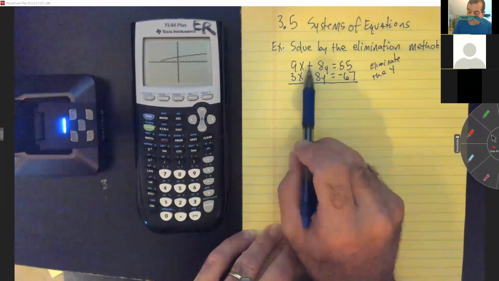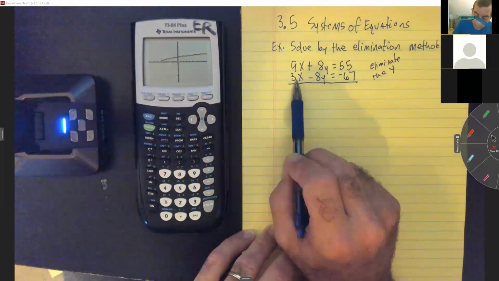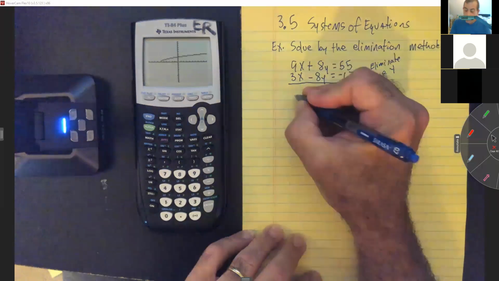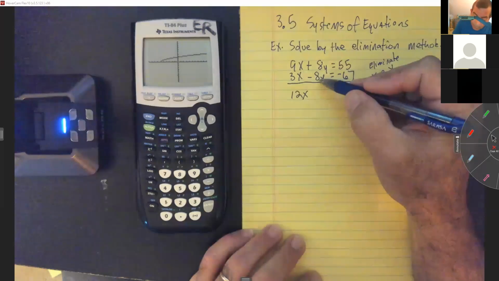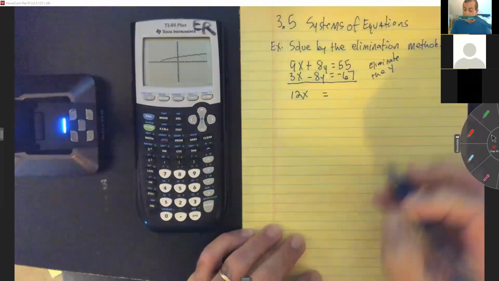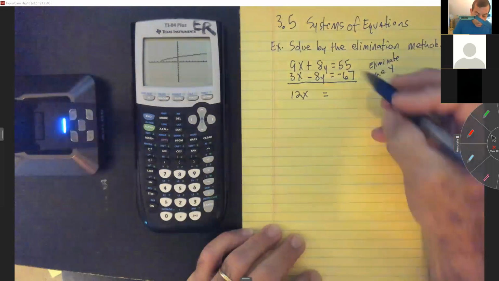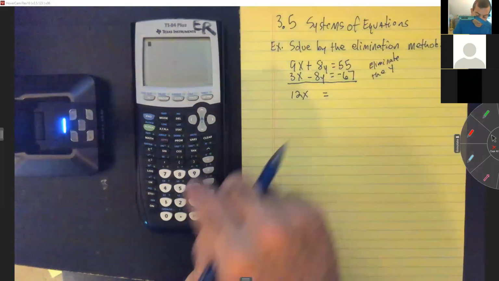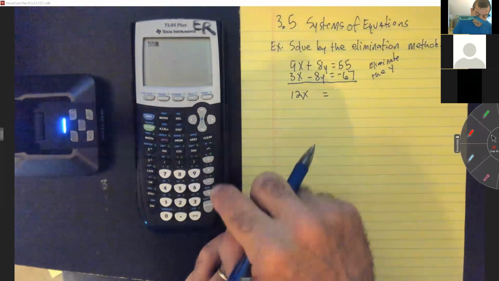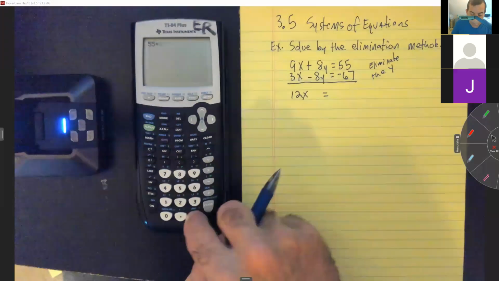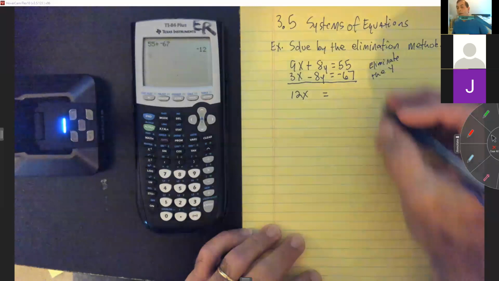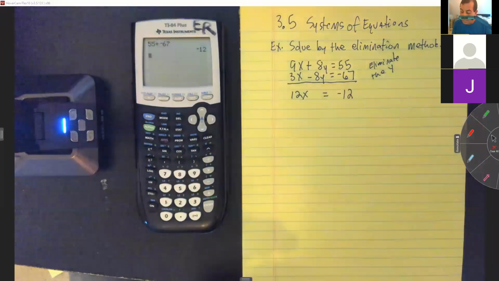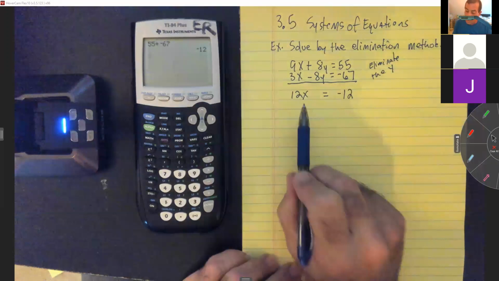So 9x's plus 3x's will give us 12x. Notice the 8y and the negative 8y cancel. On the right side, we got 55 plus a negative 67. That's going to give us a negative 12. Now we've got a single variable in a single equation.